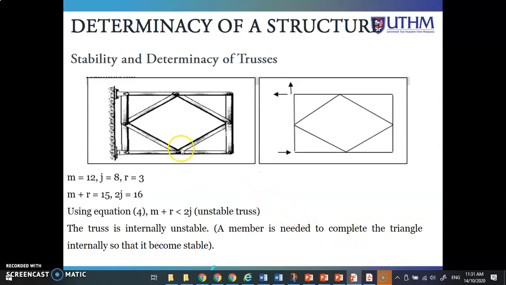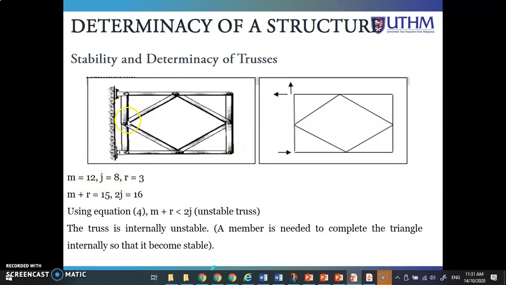Okay. And for this example, kalau kat sini kita tengok dia adalah pin. So pin will have 2 reaction and this one have a roller reaction. So roller akan ada 1 reaction. So R dia adalah 2 campur dengan 1. R equal to 3. Okay. So number of member. So we need to count 1, 2, 3, 4, 5, 6, 7, 8, 9, 10, 11, 12. So 12 member. Okay.